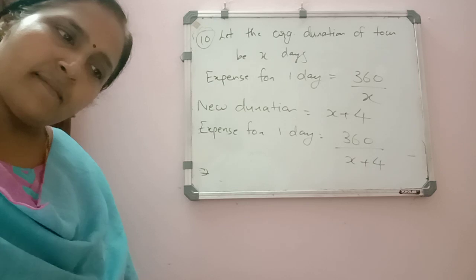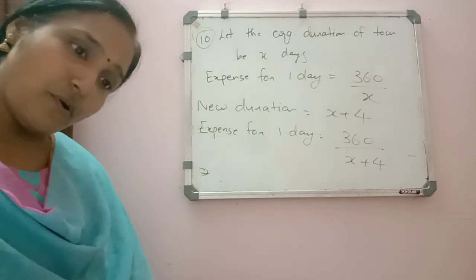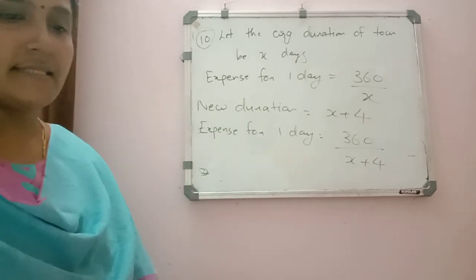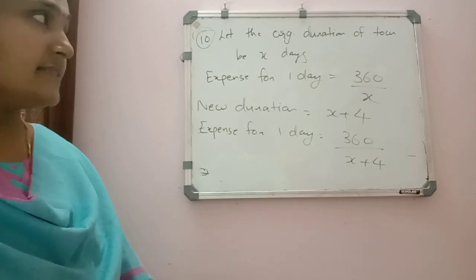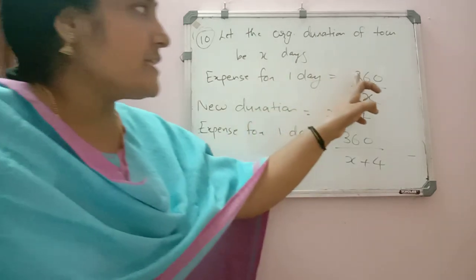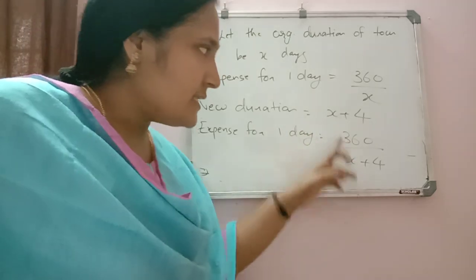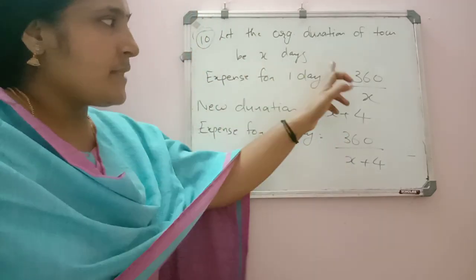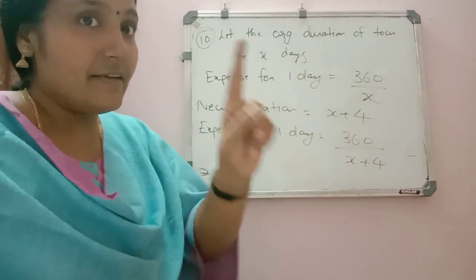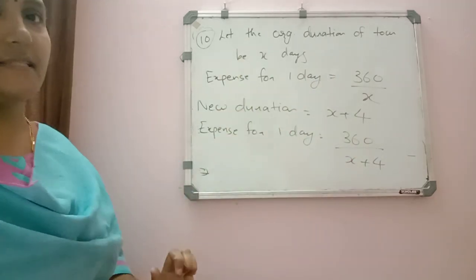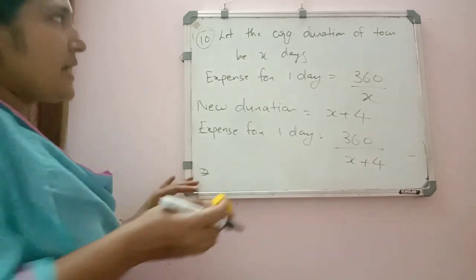Now it was written that if he extends his tour for 4 days, he has to cut down his daily expenses by rupees 3. In the first case the daily expense was 360 by x, and in this case the daily expense is 360 by x plus 4. In these two daily expenses the difference is 3 rupees. So again we have to do the subtraction.